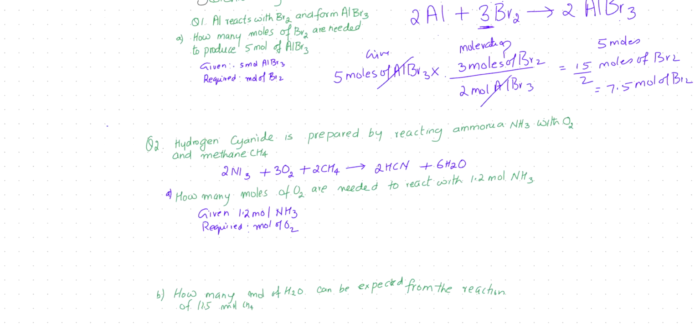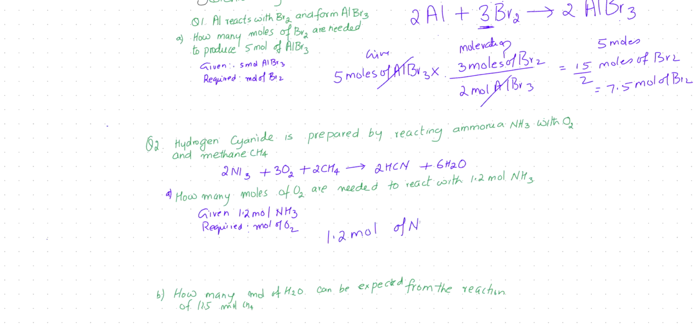So given is 1.2 moles of ammonia, and what we have to find, what is required, is how many moles of oxygen. So we write given amount times mole ratio. So given amount is 1.2 moles of ammonia.